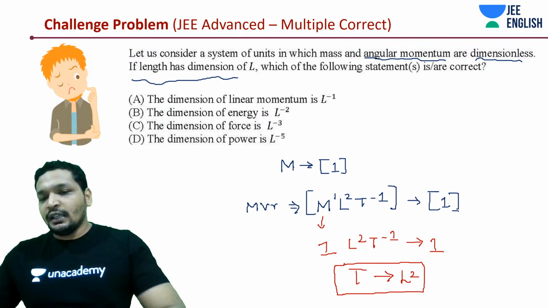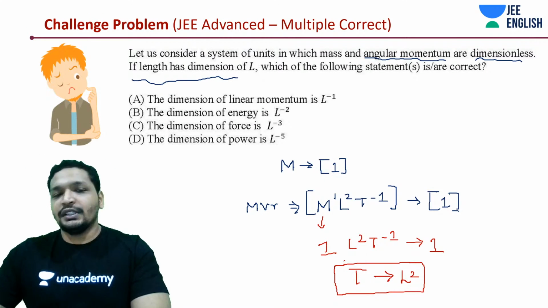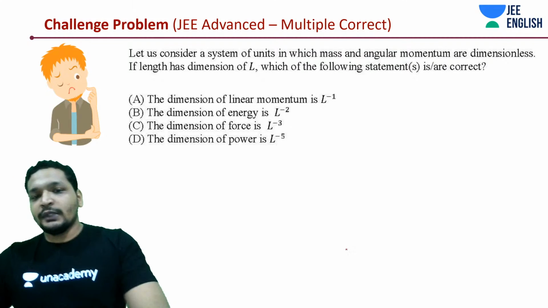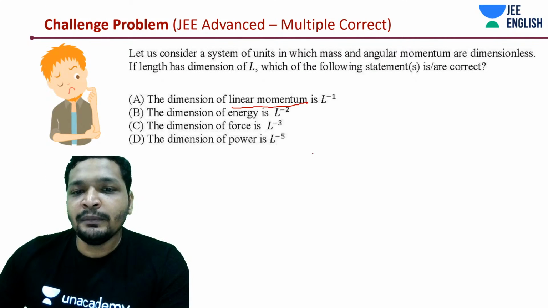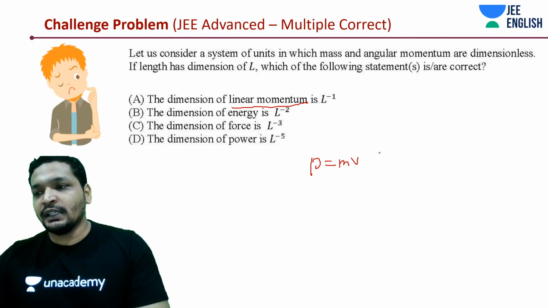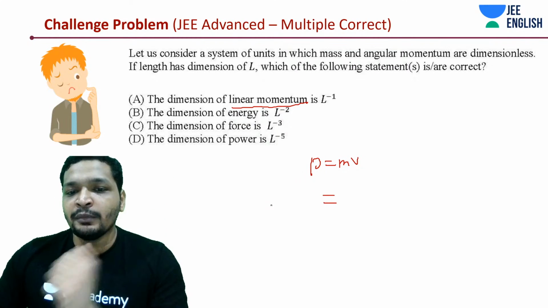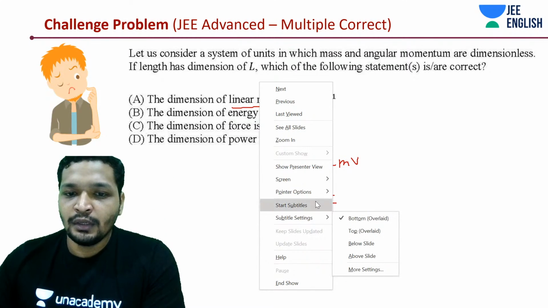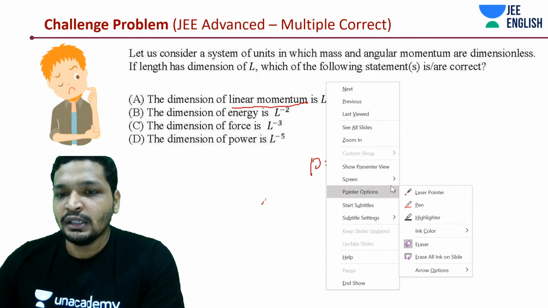Let's understand each and everything, and let's mark whether A is correct or B is correct or C is correct or D is correct. One cakewalk would be there after each big huge problem. Linear momentum, P is equal to mv. I hope this part is really clear, guys. The dimensional formula would be, mass is dimensionless, I'm not even going to write the mass.